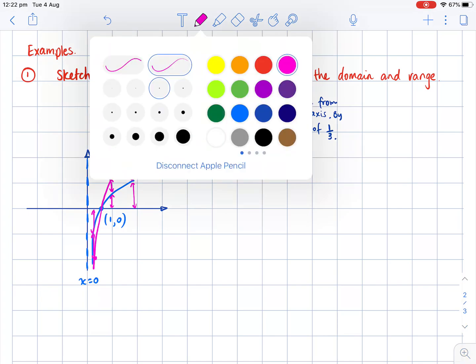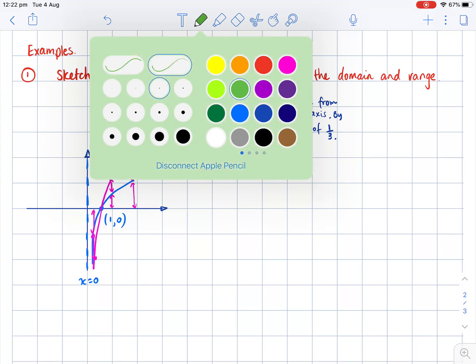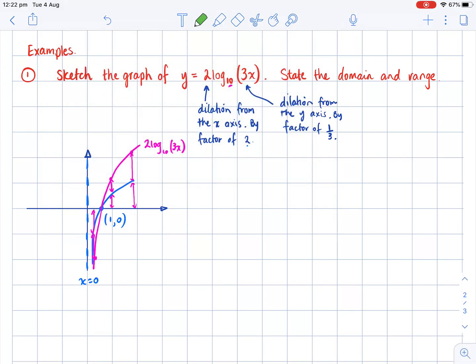Now I need to dilate it from the y-axis, and what that's going to look like is a factor of 1/3. So every x value is 1/3 of what it was before. Initially the intercept was at 1. That intercept will now be 1/3 of that distance, which is equal to 1/3. So I end up with an x-axis intercept at (1/3, 0).